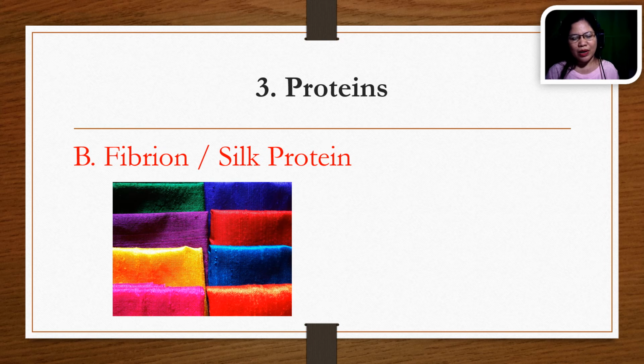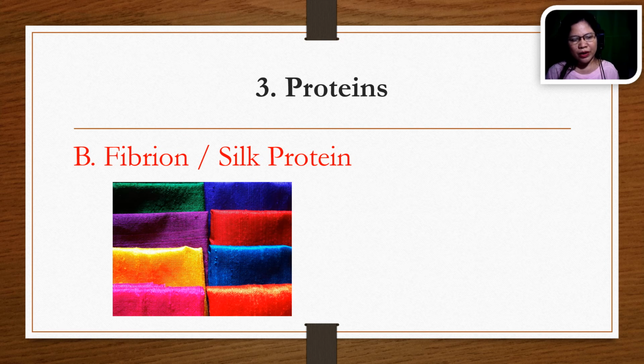It has very strong natural fibers, very high resistance to deformation, and is also a very good insulating material. That's why you can make different designs of fabrics using silk.